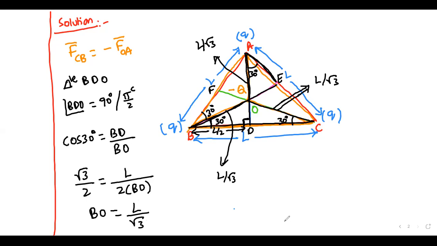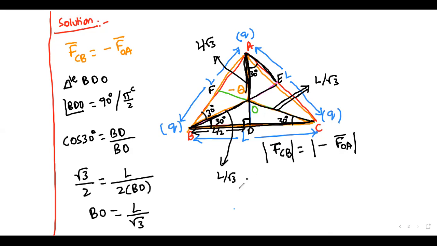In order to have all the charges in equilibrium, whatever the force acted here must be equal and opposite between the vertices. So I am writing FCB bar is equal to minus FOA bar. With respect to magnitude, it must be the same.